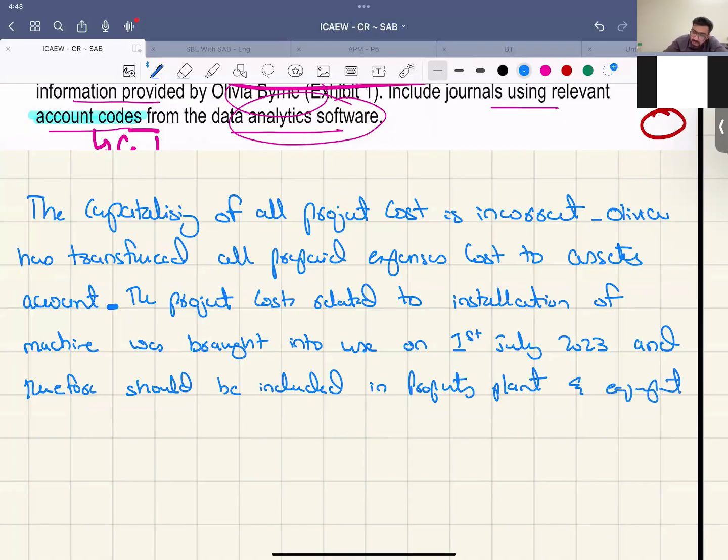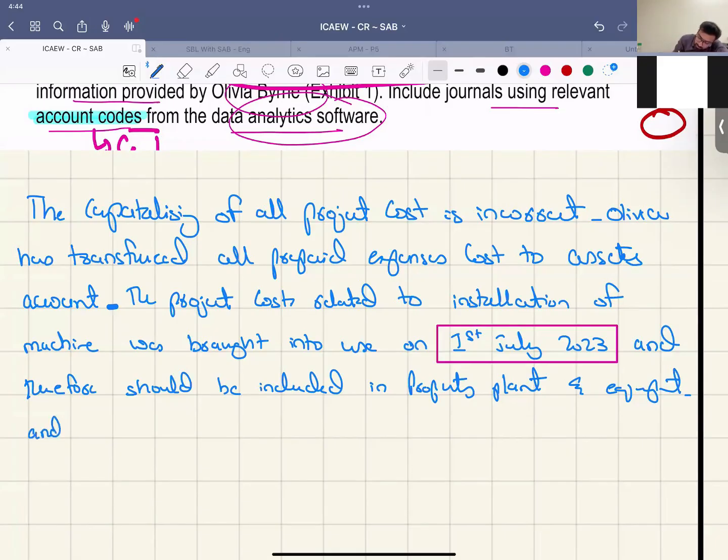So that was capitalized, so it should be recorded on 1st July 2023 in property, plant, and equipment, or we can say plant and machinery, which it is.